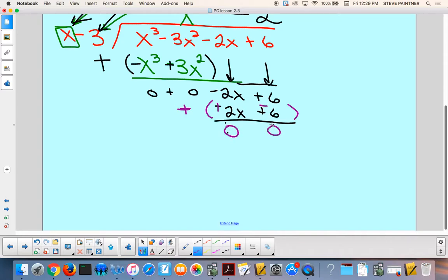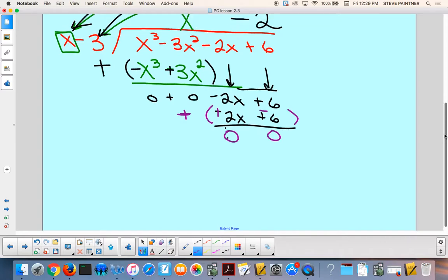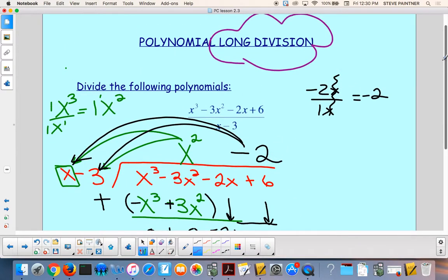A bunch of zeros. So then the answer becomes x squared minus 2 plus what remainder? 0. And usually you write your remainder over your divisor right there, x minus 3.